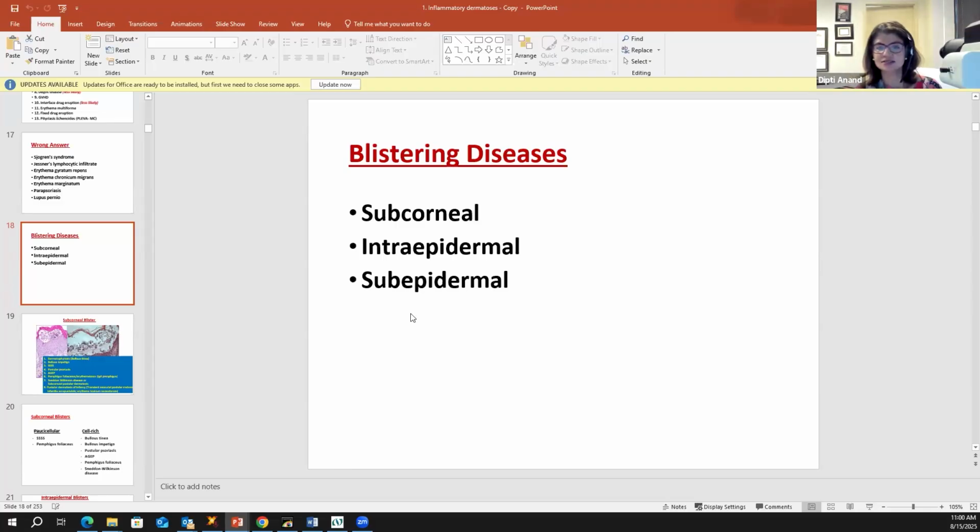So we will be discussing blistering diseases today. And the way I like to approach blistering diseases, and this is a tip even to deal with them clinically, would be to really, whenever you see a blister, try to determine in your head what could be the location of the blister. And the location would be based upon its presentation under the microscope, which would be subcorneal, intraepidermal, or subepidermal.